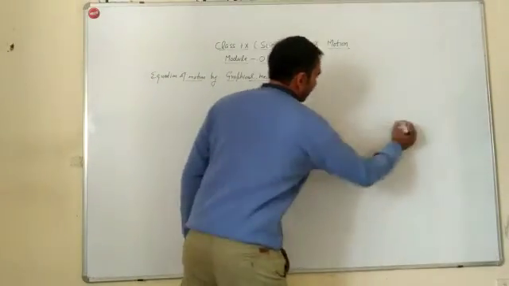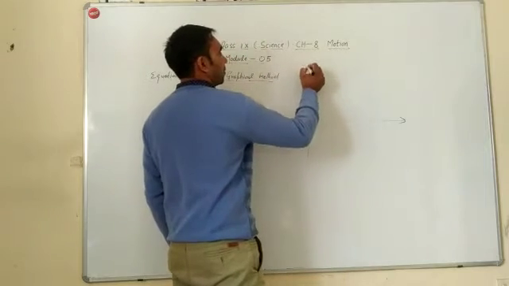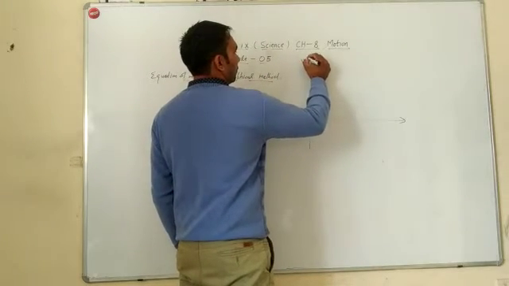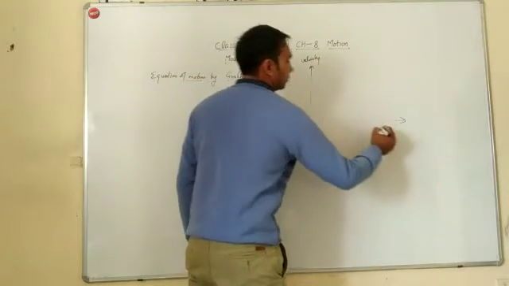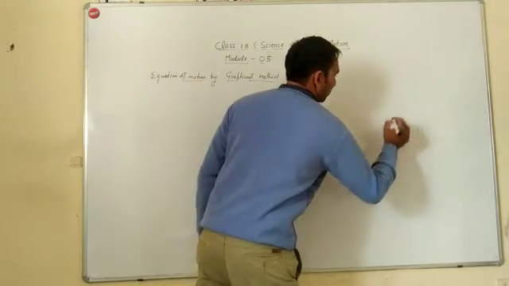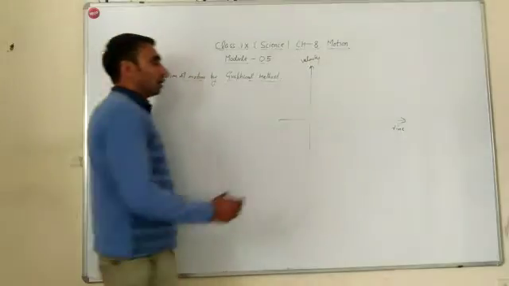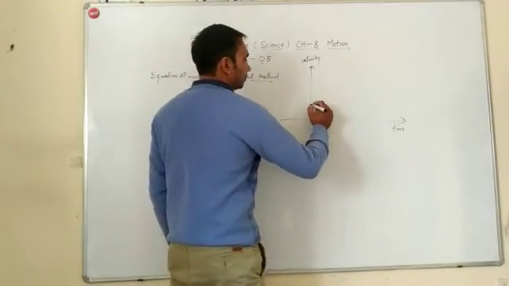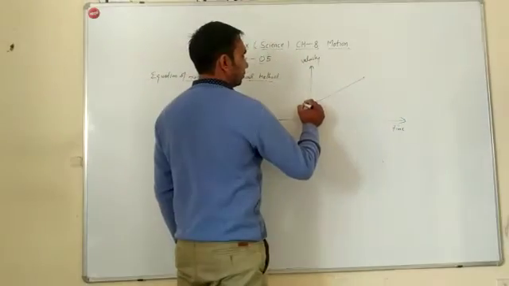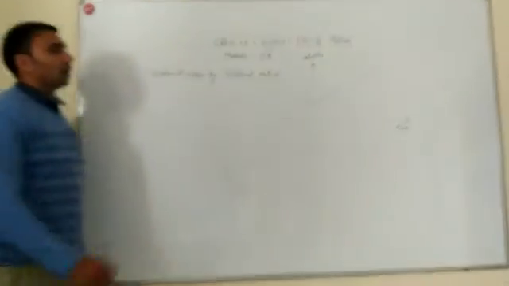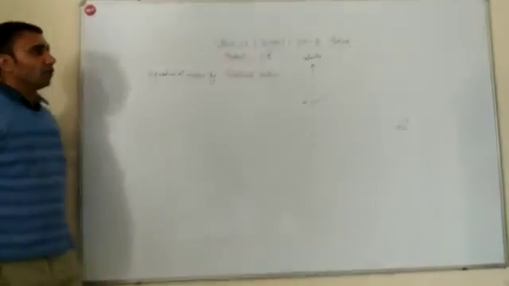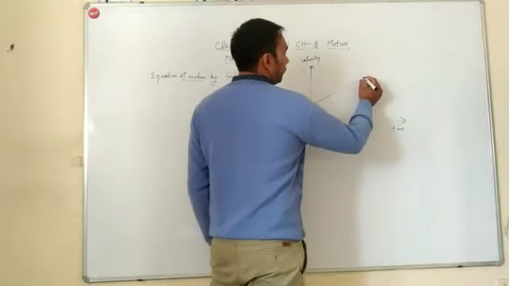Let us consider an object having initial velocity u at time t equal to 0, and after time t, the velocity of the object is v.